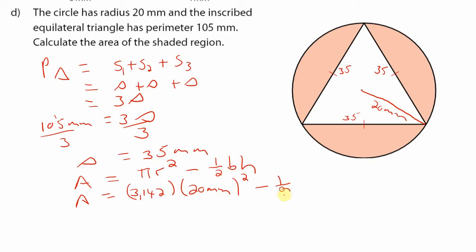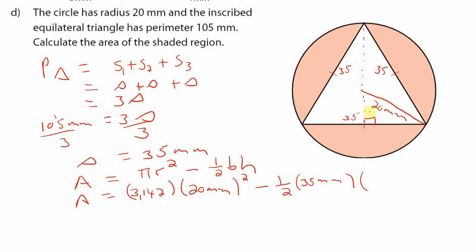We know we have half. Now we need to calculate the base and the height. So we know the base is 35 millimeter. The problem is now the height. We don't have the height. We will have to calculate the perpendicular height.